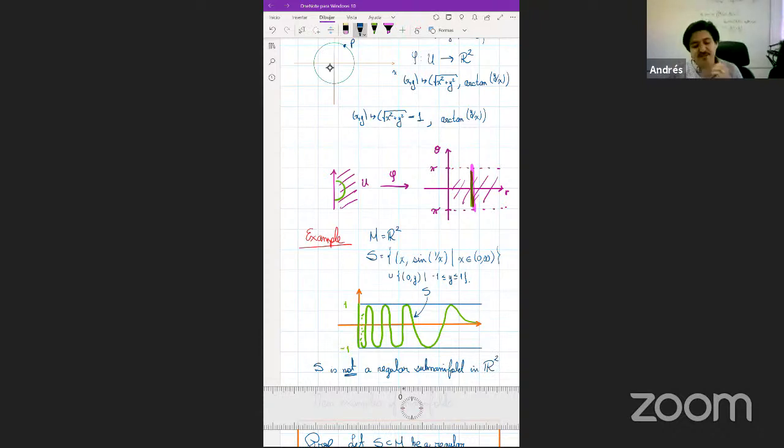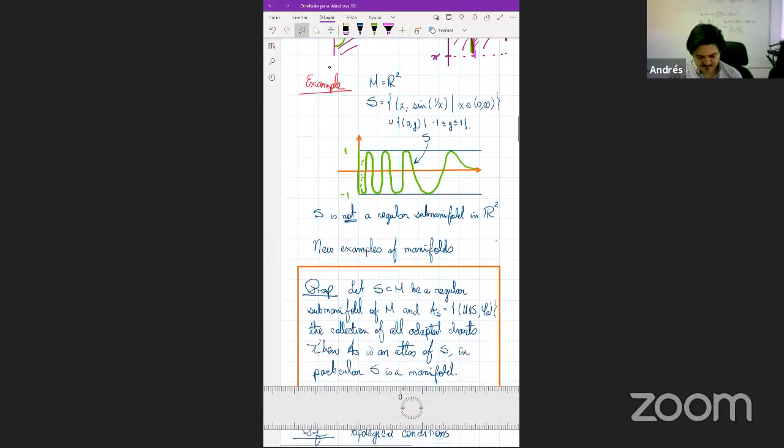Okay, so we have studied examples when you have submanifolds and when you don't in R2. And remember, in order to be a regular submanifold, it's just a local condition. At every single point, we require a chart with some specific conditions.